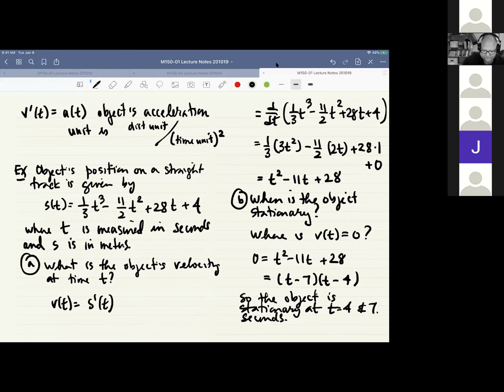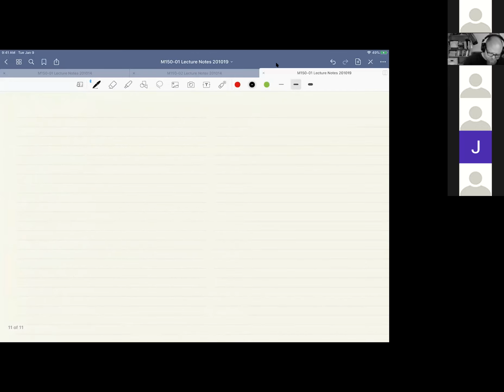So let me ask one more question about this. When is the object moving to the left?